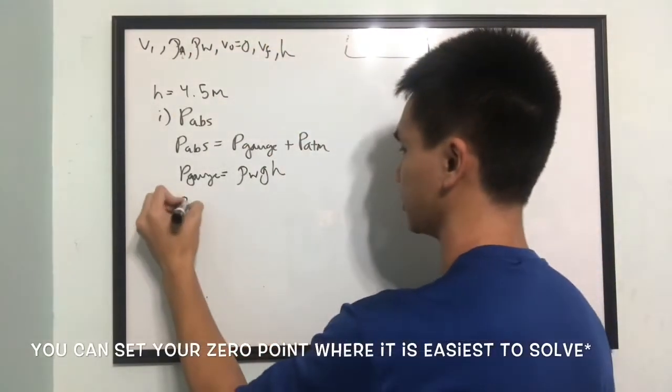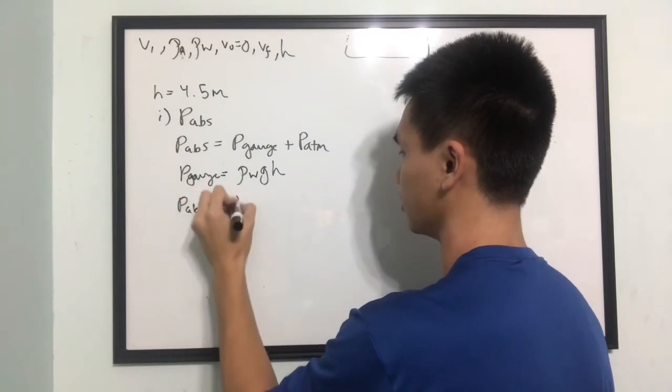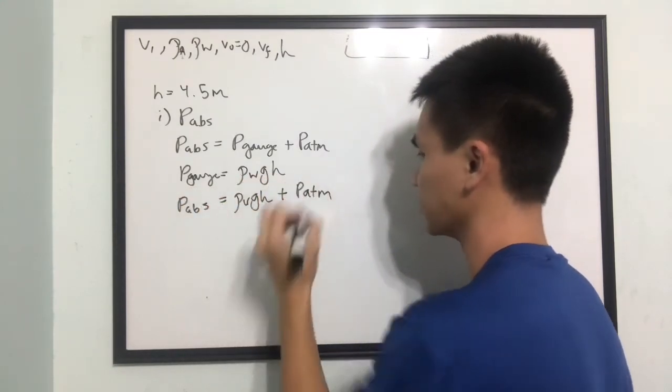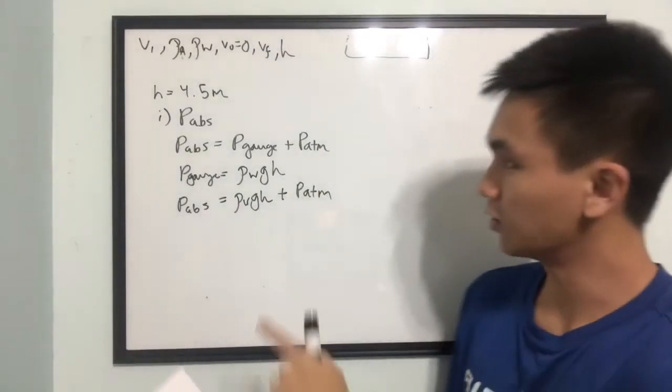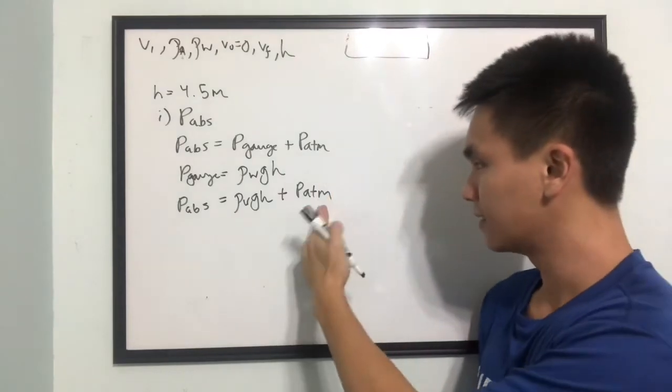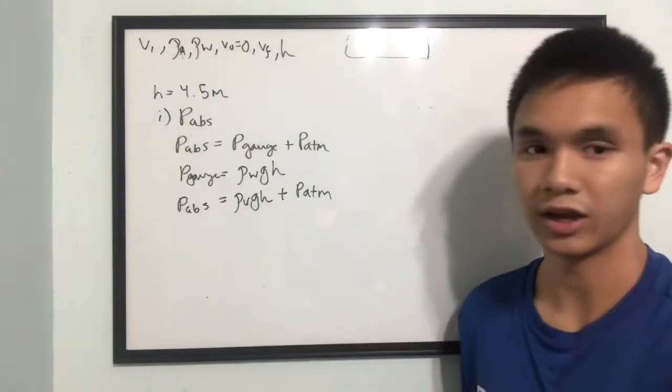So substituting in, we get rho water g h plus pressure of the atmosphere, right? And so we have h, we know g, we know the density of water is 1,000, and this is on your formula sheet, so plug and chug.